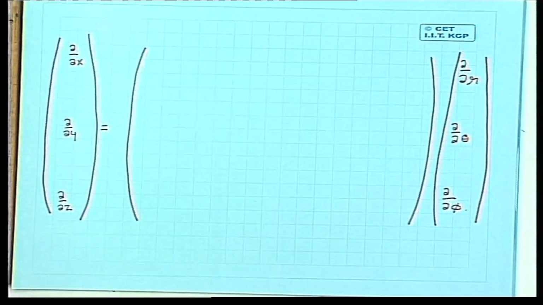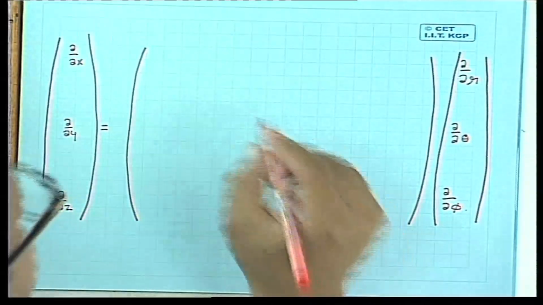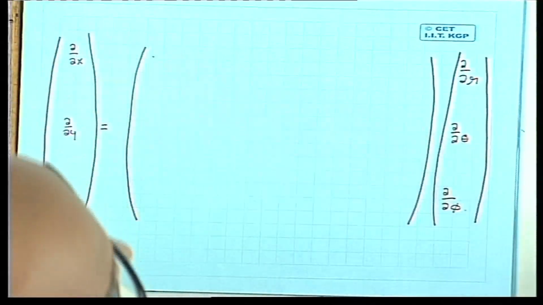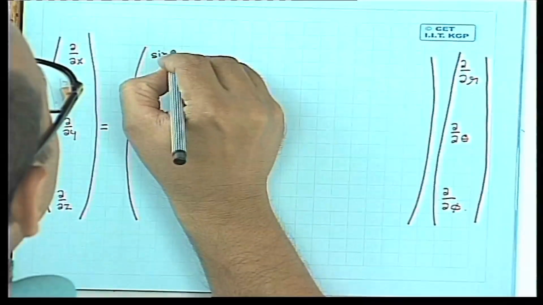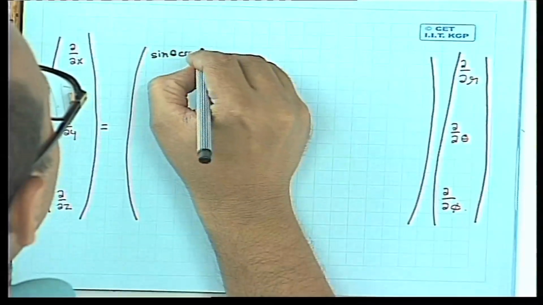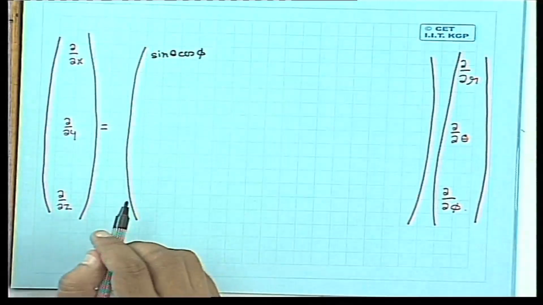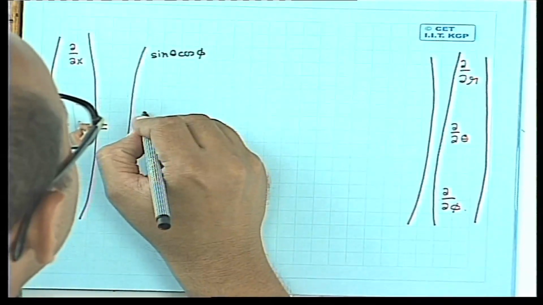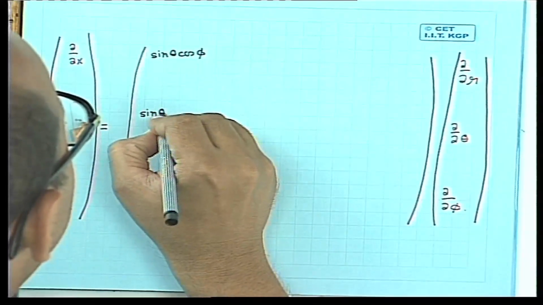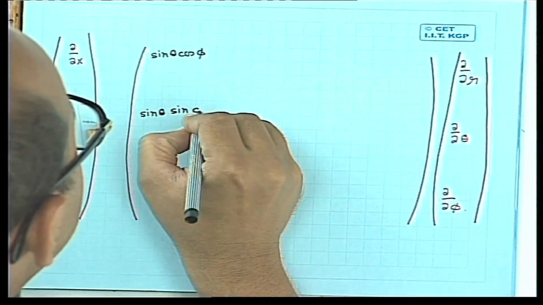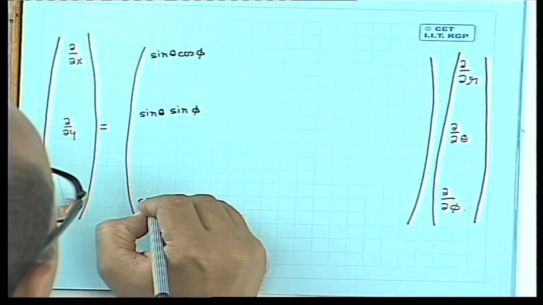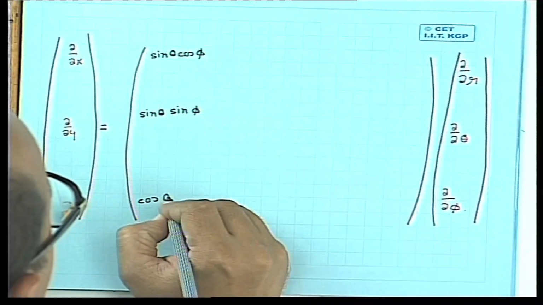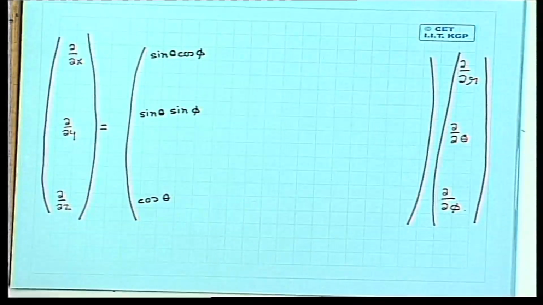The first term which we have is del r del x, which is sin theta cos phi, and del r del y is sin theta sin phi, and del r del z is cos theta. So, the first three terms are in place.